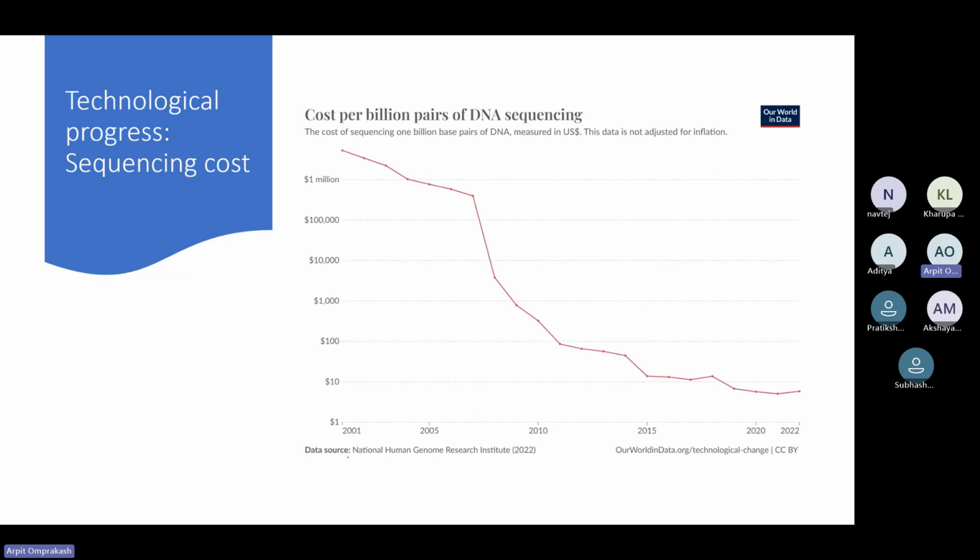In 2001, it used to cost probably over $1 million to sequence 1 billion DNA base pairs. But around 2022, that cost is less than $10. So there's a huge decrease driven by technological advancements in DNA sequencing.